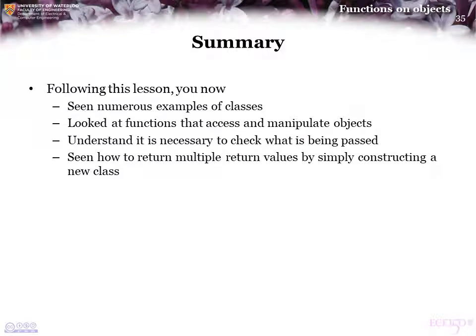Following this topic, you now have seen numerous examples of classes, and you have looked at functions that access and manipulate instances of these classes, or objects. For example, in the vector class, we had functions that took two vectors as arguments, and the return value was a new vector that was the sum of the two arguments.